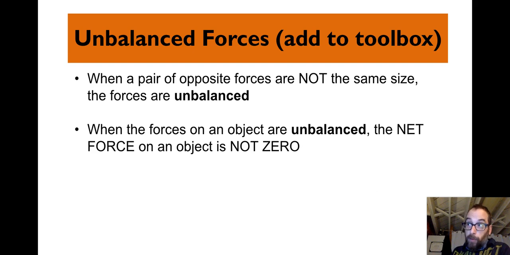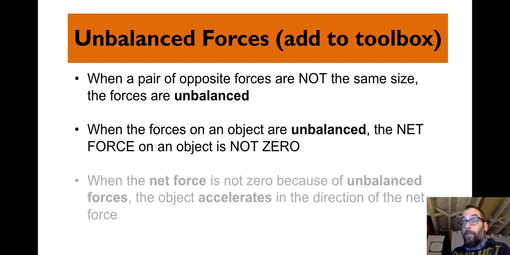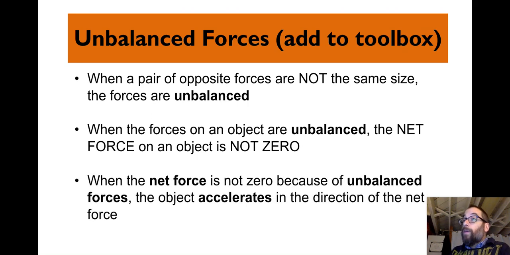Unlike the book situation, there is a net force on this car. When the net force on an object is not zero, because of unbalanced forces, the object is going to accelerate. That force is going to affect a change in its motion. In this case, it's going to speed the car up because the motor is pushing harder on the car than the air and the frictional forces are pushing back.